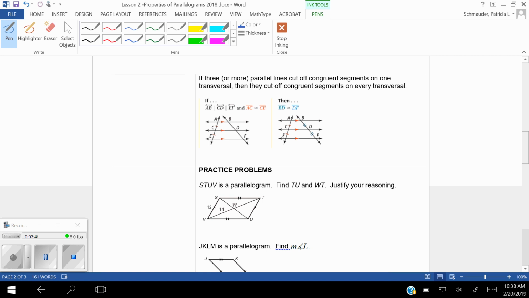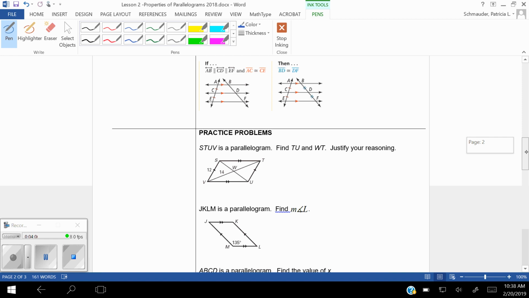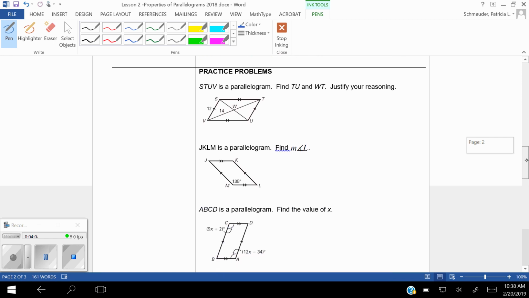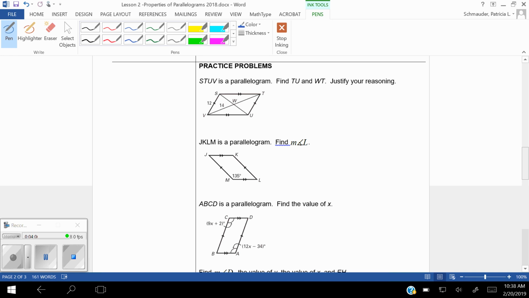I'm not going to spend too much time on this because frankly, I don't really remember a time in this unit that we're going to use that. I think they put this theorem right here because perhaps they needed to use it to prove another theorem, but we don't need it right now, so we're just going to leave that there like that. And we're going to start on our practice problems.